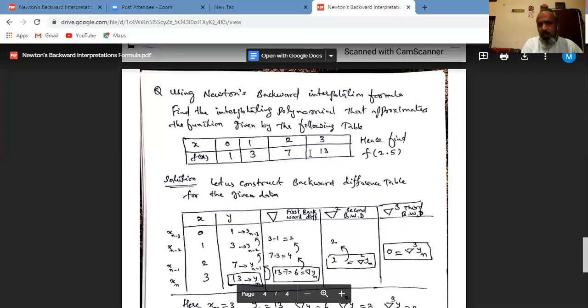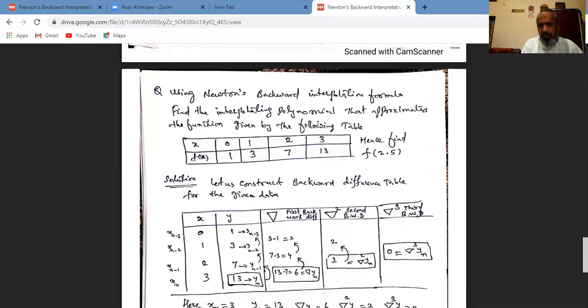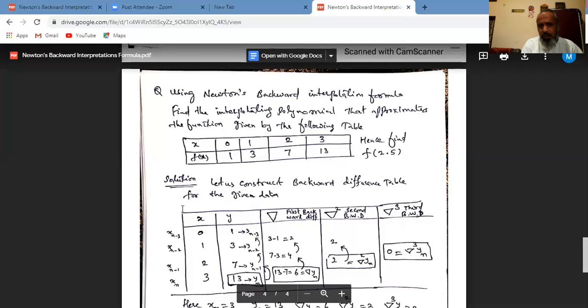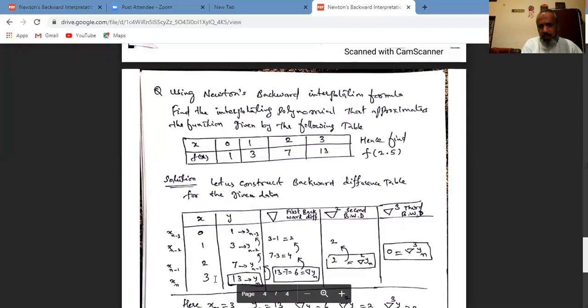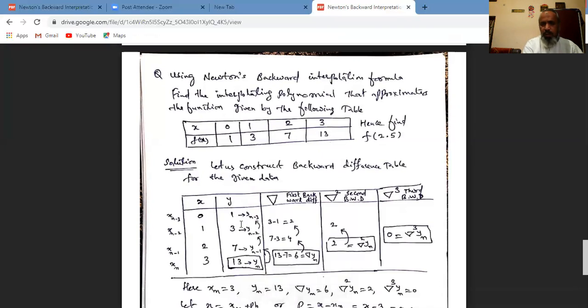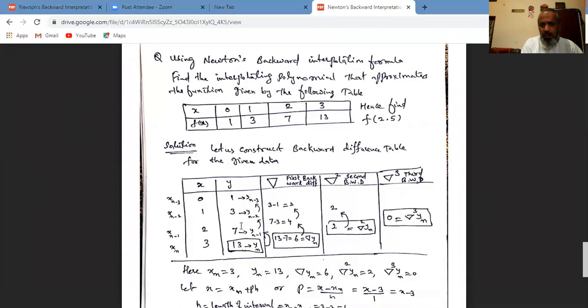Now, to determine the polynomial by the backward interpolation formula, we have to construct the backward difference table from the given data. So what is the data? X, Y. In the first column, we write the values of X: 0, 1, 2, 3, and the corresponding values of Y are 1, 3, 7, 13.